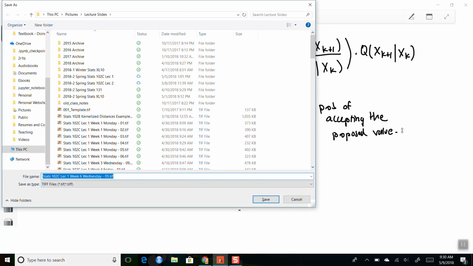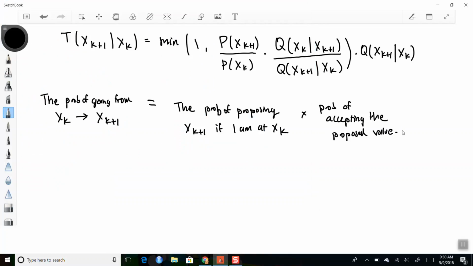Okay, and then we'll expand, do a little bit of multiplication here, all right?